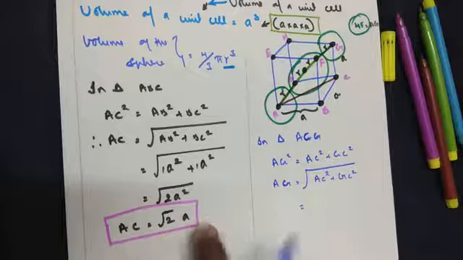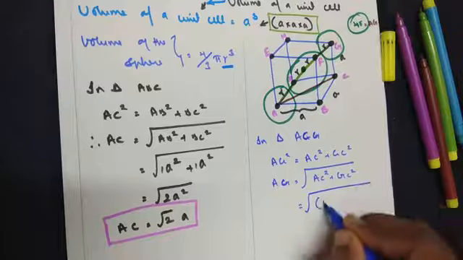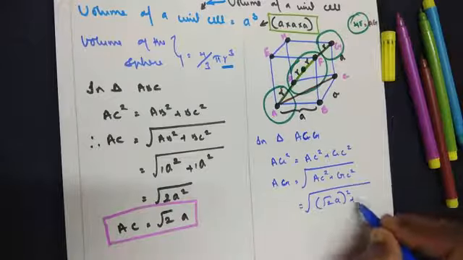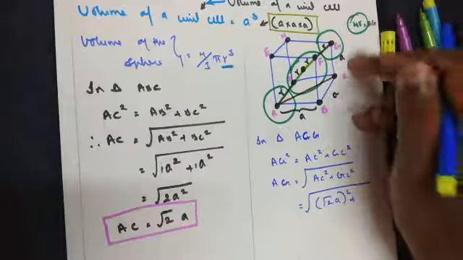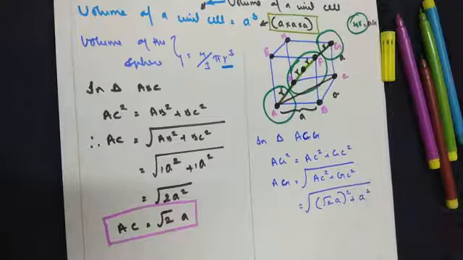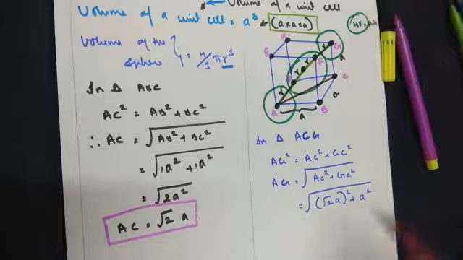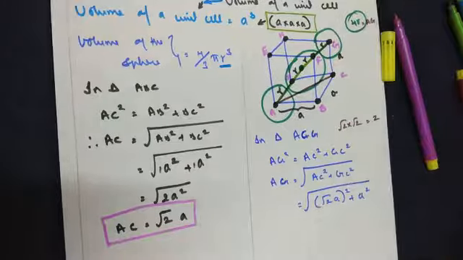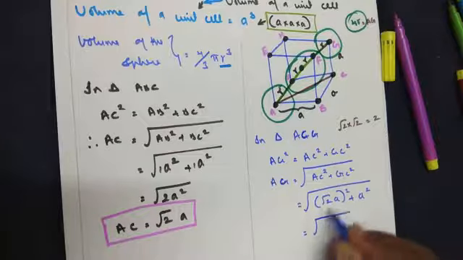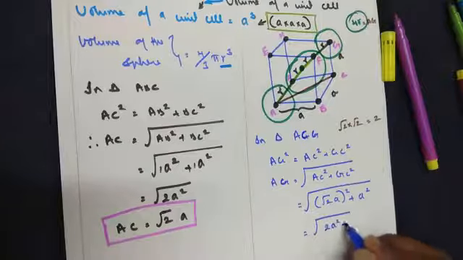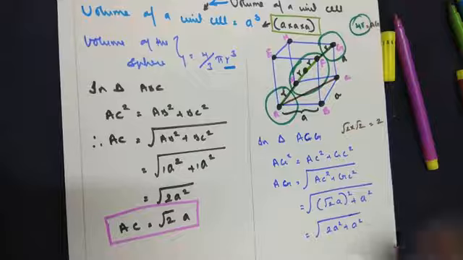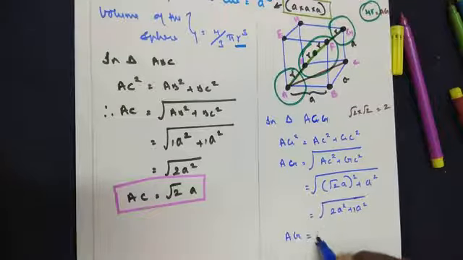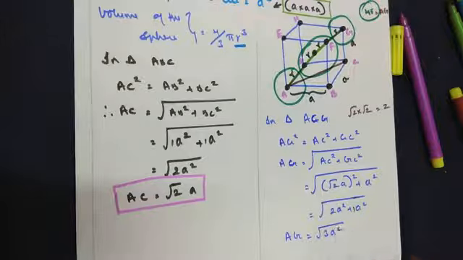We have got it to be square root 2 A. So take square root 2 A the whole square, because we are taking AC square, plus CG square, where the edge length is A, we write it as A square. Now, you also know square root 2 into square root 2 comes up to 2. So the square root of this will be 2A square plus A square. Now, if we add them, what is the answer? AG is equal to the square root of 3A square.